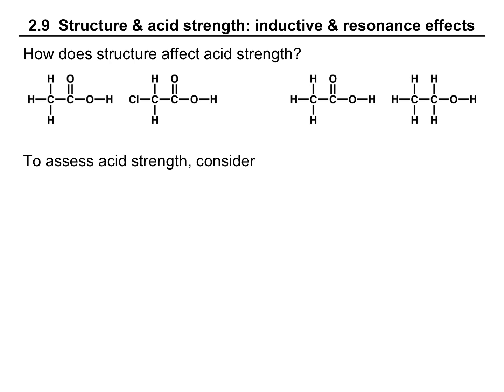So what do we consider instead? If we are making comparisons with our acidic proton connected to the same element, then to assess acid strength, we need to consider inductive effects, and or resonance effects.